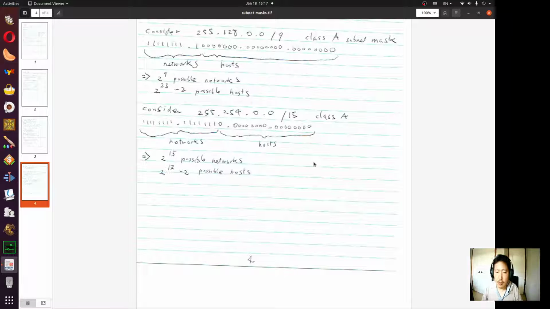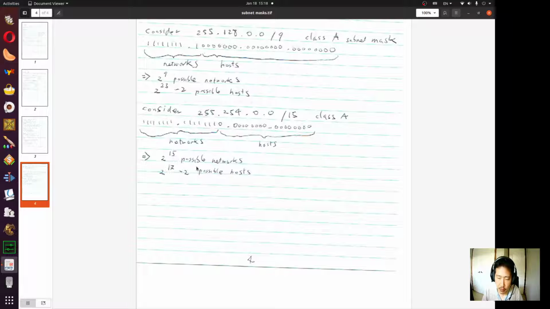Okay, the last example. Consider 255.254.0.0/15. You know what 15 means, right? Just count the digits that are turned on. This 8 here, 9, 10, 11, 12, 13, 14, 15. So that's 15 here. This is class A because the first one is 255, but the second one is less than 255, although it's very close, just one off, but still this is class A. So how many digits are turned on? 15.